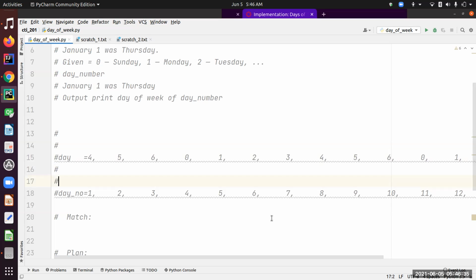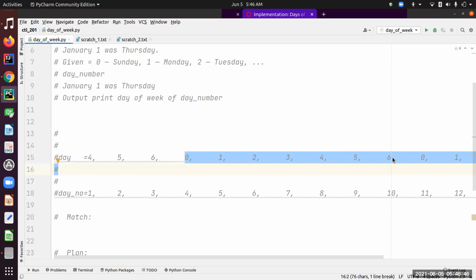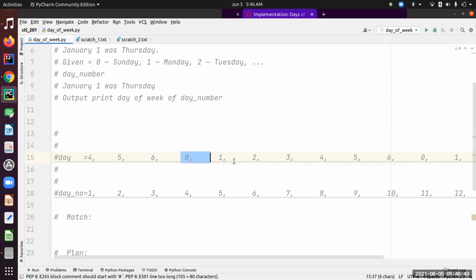All right. So let's first analyze what we have in this pattern. You can see that this pattern repeats. From 0 to 6 are the day numbers, and it repeats. We start off with 0 and go all the way through 7 days until day 6.